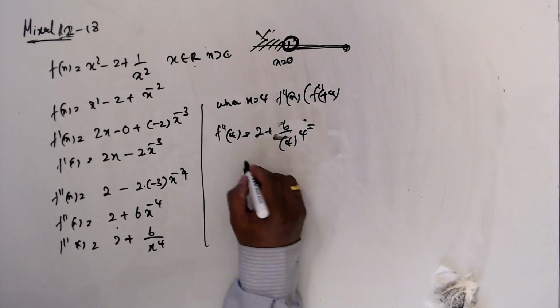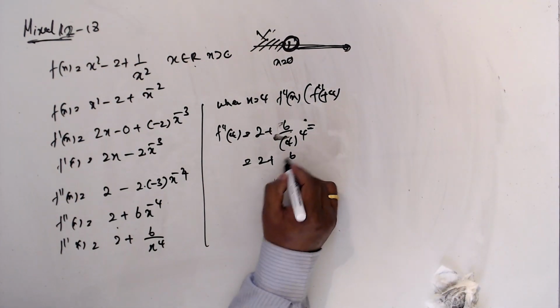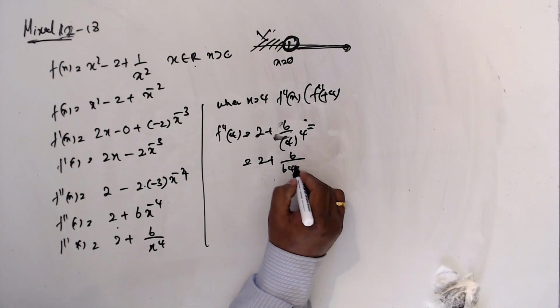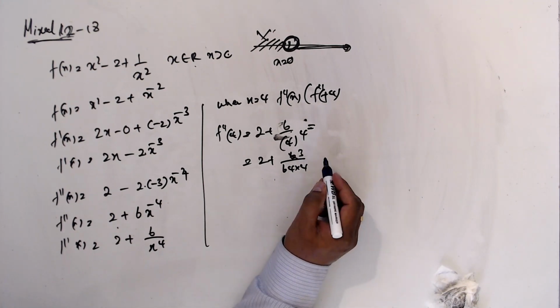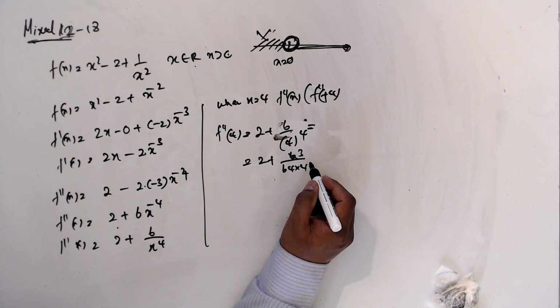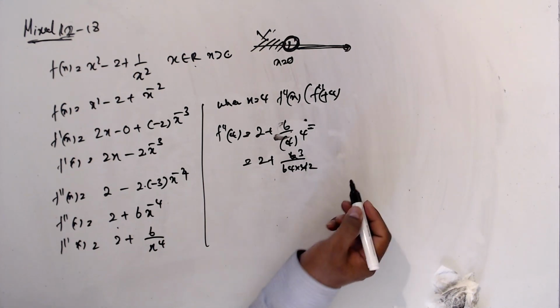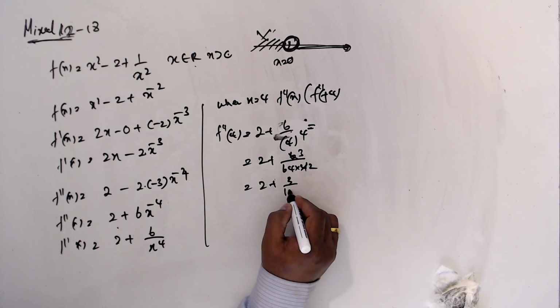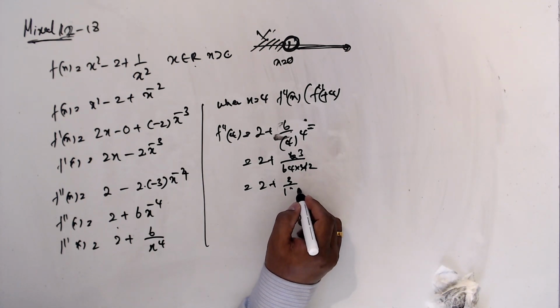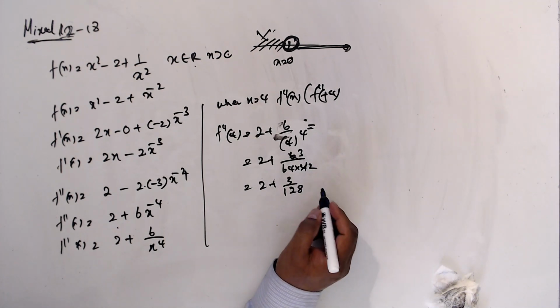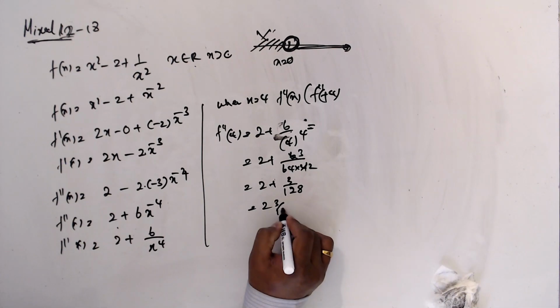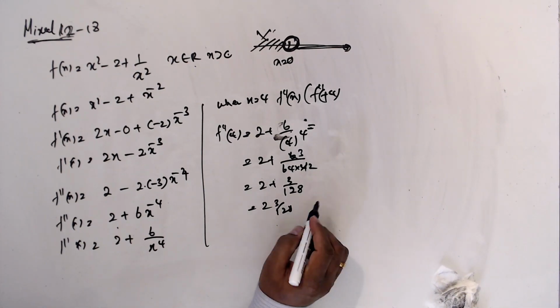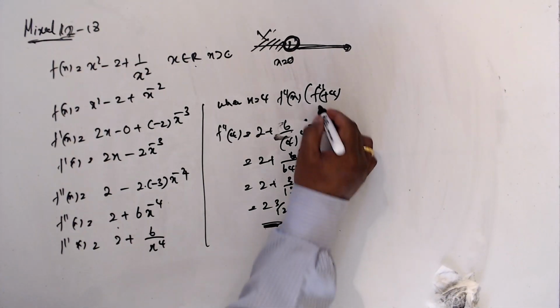So this is going to be 2 plus 6 over 64 times 4, so 2 plus 3 over 128.